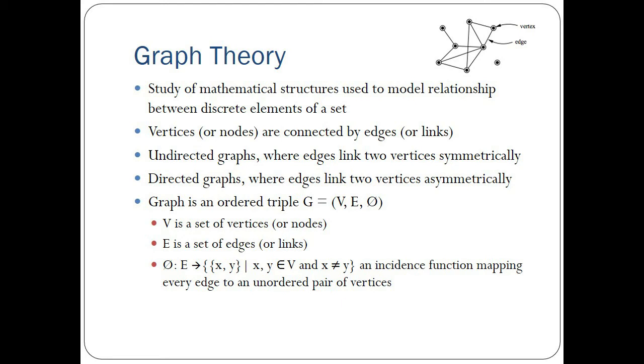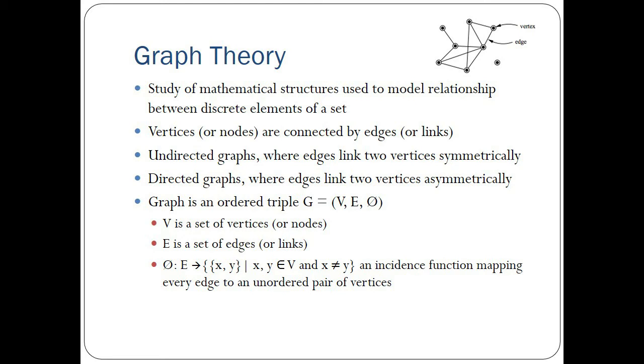Then next you have the graph as an ordered triplet, which is the common and basic definition of a graph. A graph forms a triplet of V as the set of vertices or nodes, E as the set of edges or links, and phi as some incidence function that maps those edges to unordered pairs of vertices.